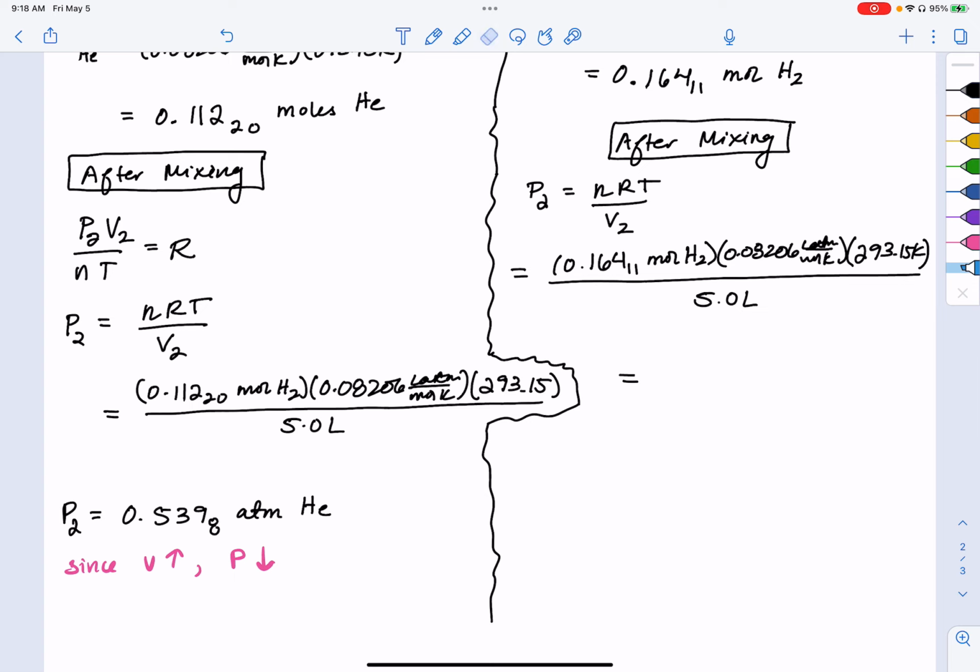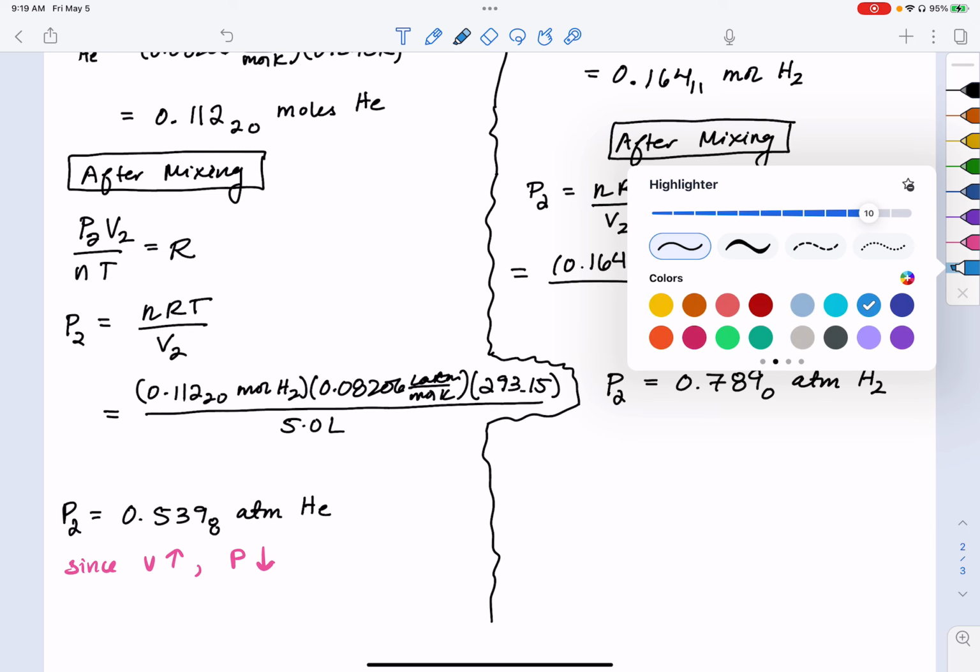So let's figure out what the second or new final pressure of our hydrogen is. So 0.16411 times 0.08206 times 293.15 Kelvin, all divided by 5.0 liters. So this is 0.7890 atmospheres of hydrogen after mixing.